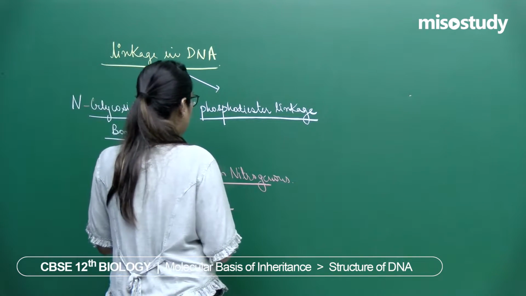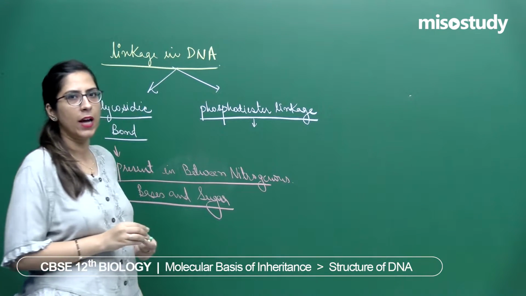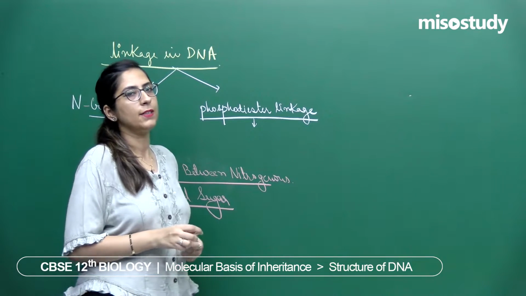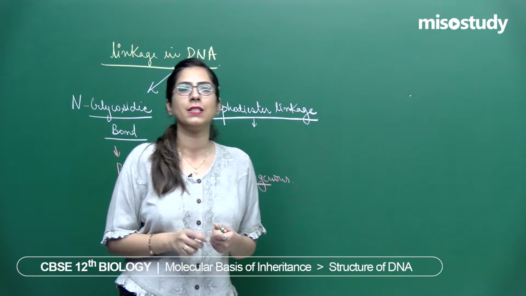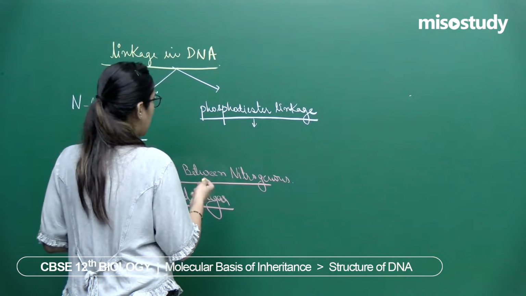Now let's talk about the phosphodiester linkage. The phosphodiester linkage is the linkage present in the 5' to 3' direction.